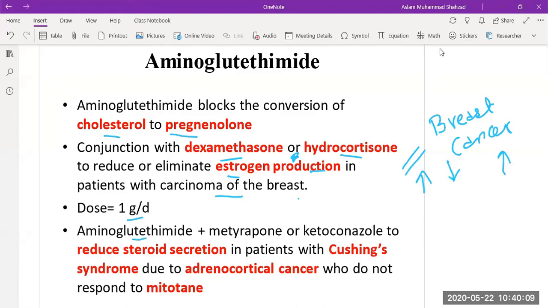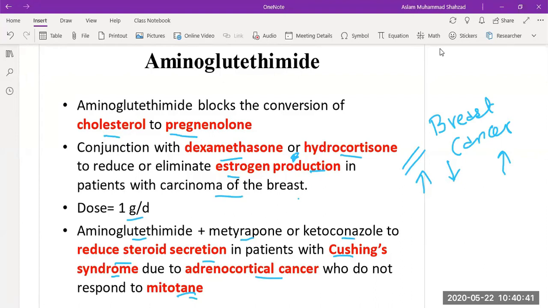Aminoglutethimide is used with metyrapone or ketoconazole. Also, it is used in combination to reduce steroid secretions in patients having Cushing syndrome due to adrenocortical cancers which do not respond to mitotane. So in general, these drugs are used either for the treatment or reducing the risk of breast cancer, or for decreasing secretions, because they are known as antagonists.